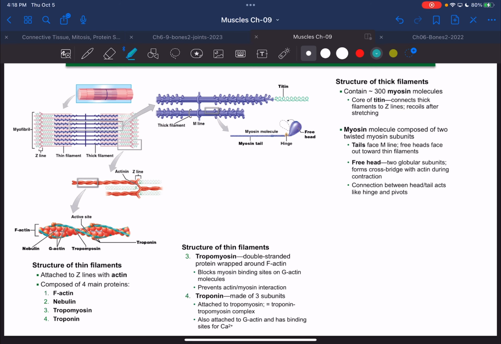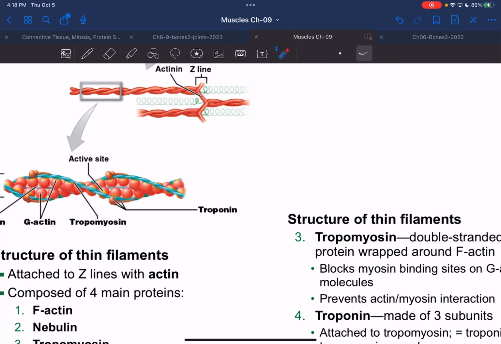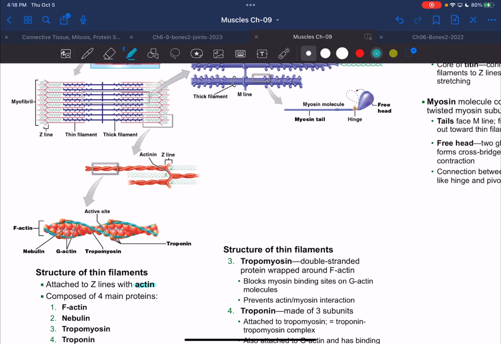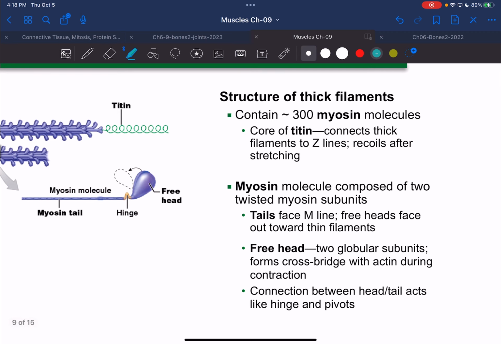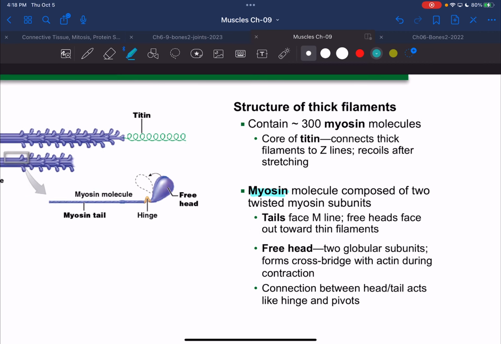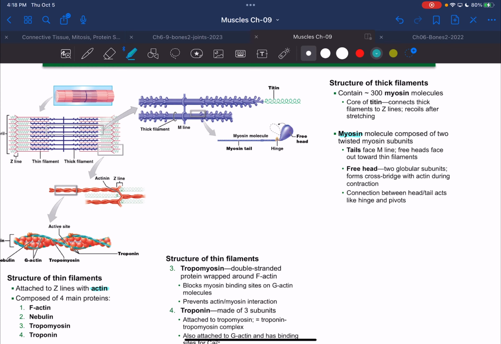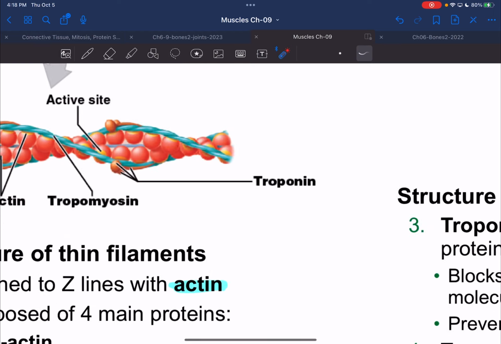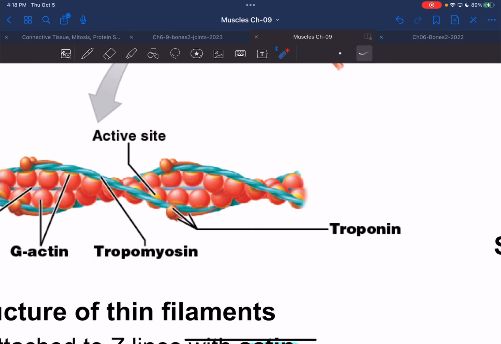Thin filaments are made out of what we refer to as actin. Myosin makes up thick filaments. And then thin filaments have tiny little active sites in this little segment here that we're seeing.